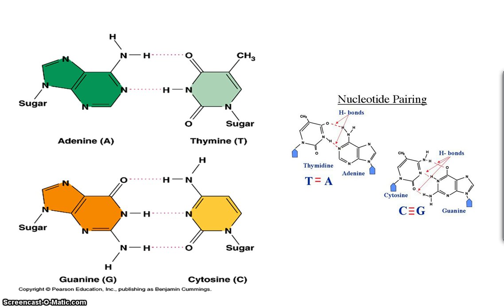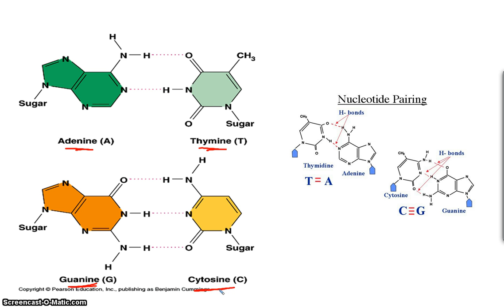The other reason is if we look at the nitrogen bases, we can see that adenine and guanine are both double ring structures here, and they're called purines, okay? And we're going to get into that in more detail in class, but for right now, just know that adenine and guanine are double rings, thymine and cytosine are single rings, and they are pyrimidines.